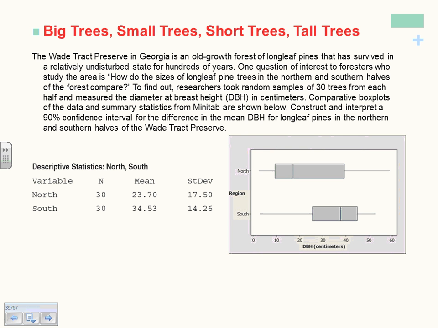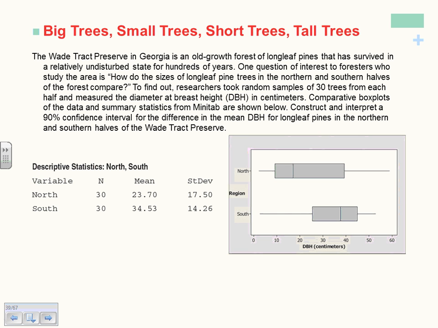The Wade Tract Preserve in Georgia is an old growth forest of longleaf pines that has survived in a relatively undisturbed state for hundreds of years. That'd be awesome. So one question of interest to foresters who study the area is, how do the sizes of longleaf pine trees in the northern and southern halves of the forest compare?